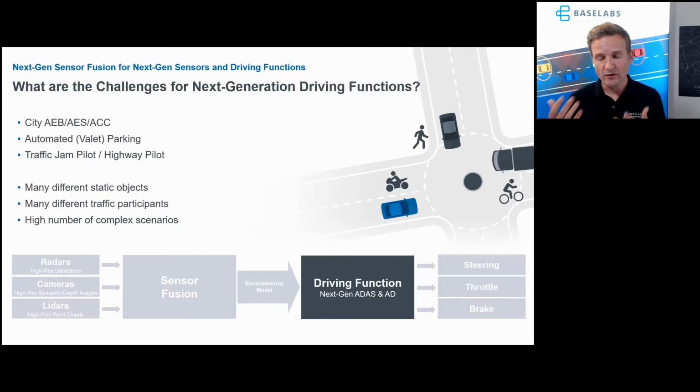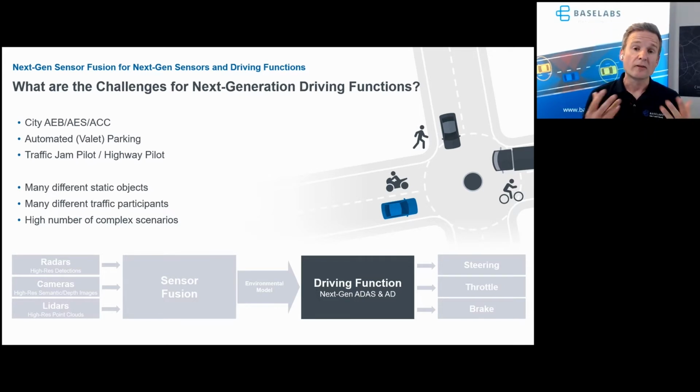Additionally, the number of scenarios that we need to support is increasing, and also their complexity increases over time, so it gets more challenging. And in general, we see that the level of automation is further increasing.